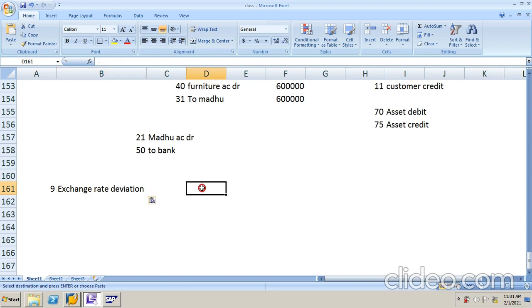Suppose we purchase furniture for 100 USD.